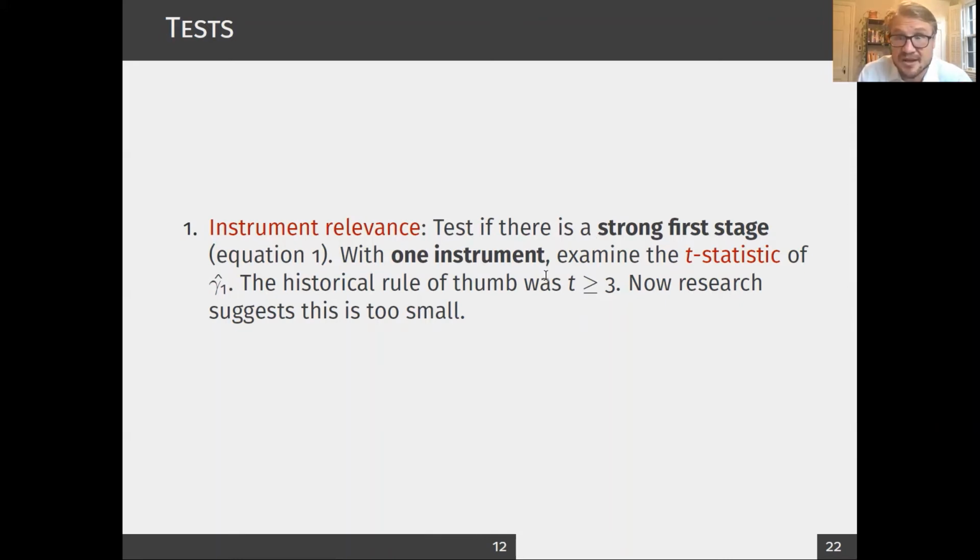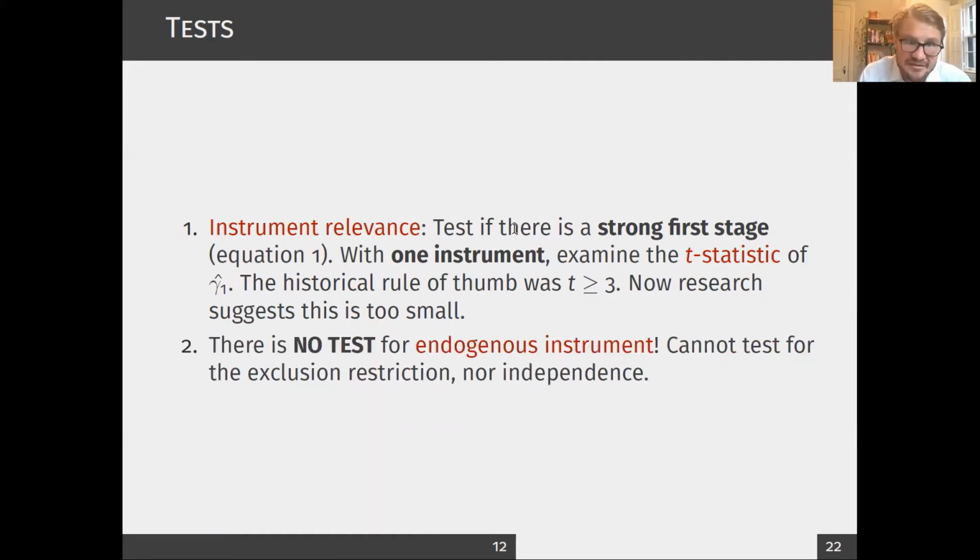Historically, people wanted to have a t-statistic of magnitude at least 3 or higher, but increasingly people are saying the threshold should be much higher than that. And as I said, there's no test for whether the instrument itself is endogenous. We cannot test for the exclusion restriction or independence.